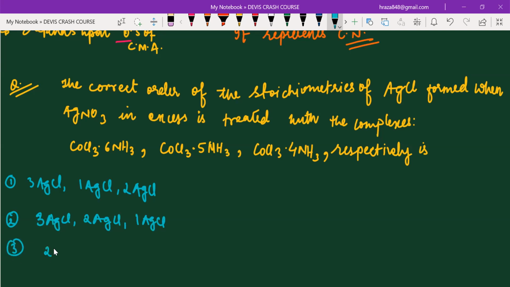Option C is 2 AgCl, 3 AgCl, 1 AgCl. Option D is 1 AgCl, 3 AgCl, 2 AgCl. Please do let me know.